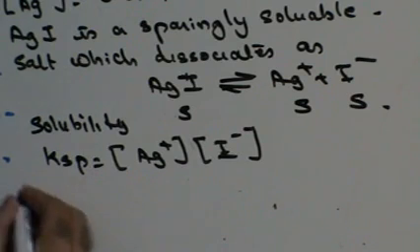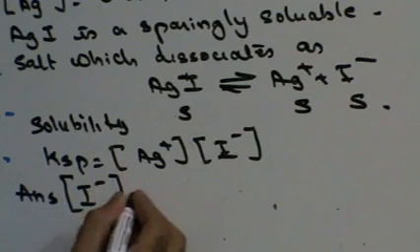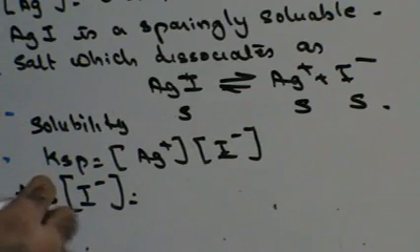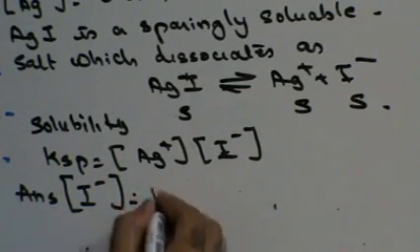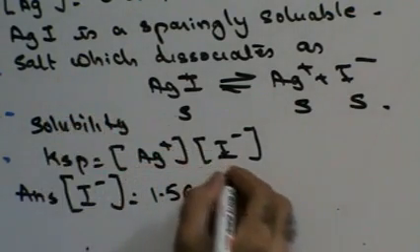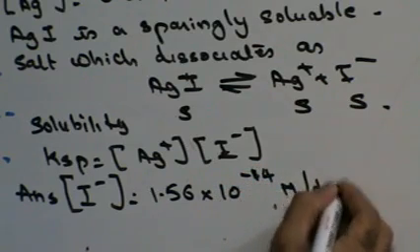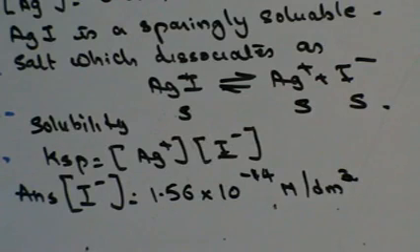You should get this answer as iodine ions should be equal to 1.56 into 10 raised to minus 14 moles per decimeter cube, right?